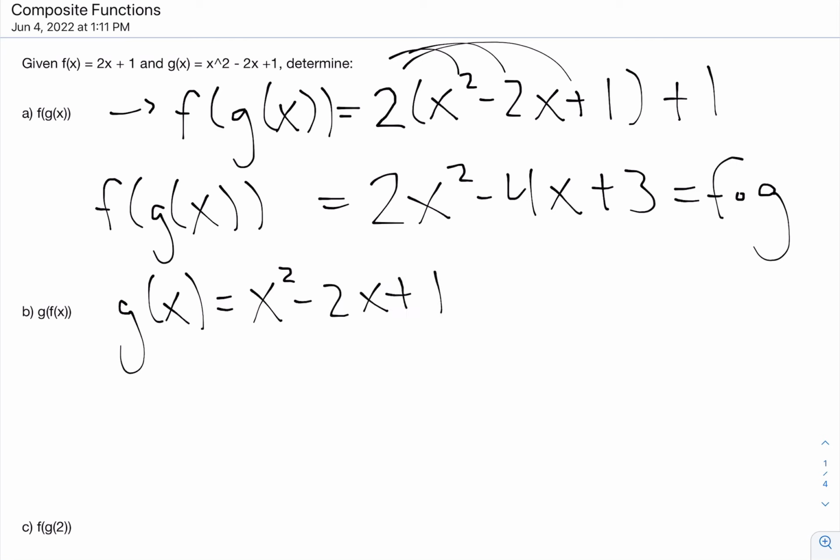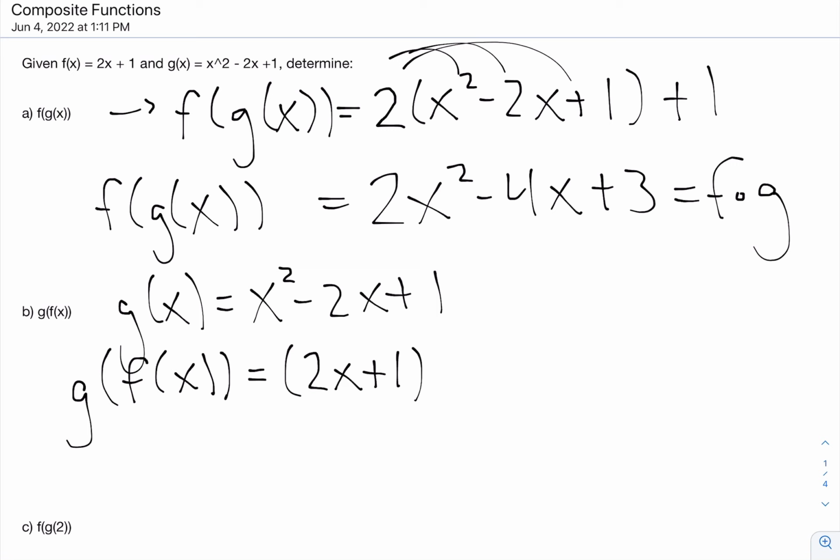And instead of writing x's, where we see that, we're looking at g of f of x. Okay, so this is going to be equal to, everywhere we see x, we're going to put 2x plus 1, because that's really our x, that is our f. So 2x plus 1 squared minus 2x, and instead of x, I'm going to put 2 times 2x plus 1, because there's an x there, I have to replace it, and then plus 1.